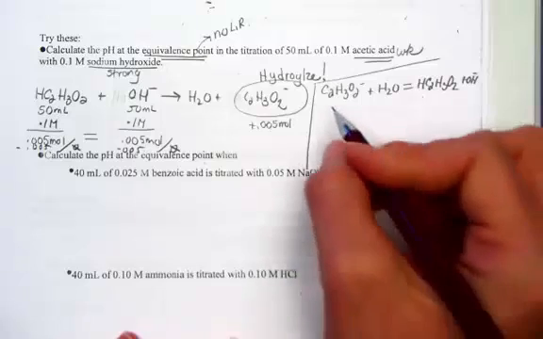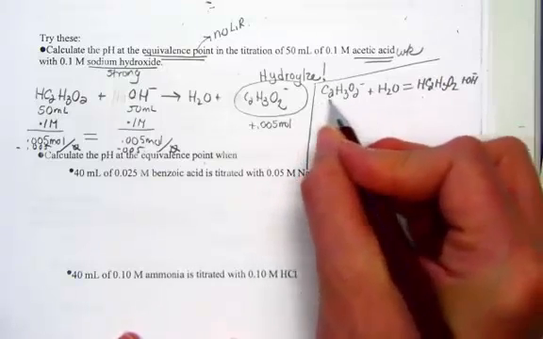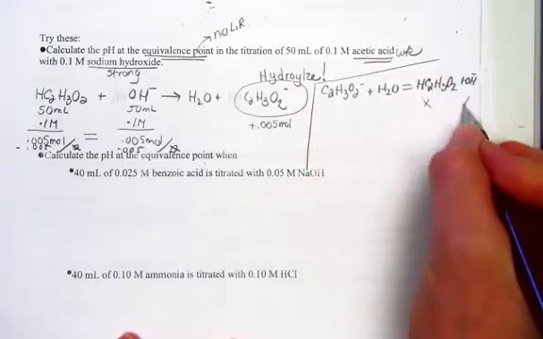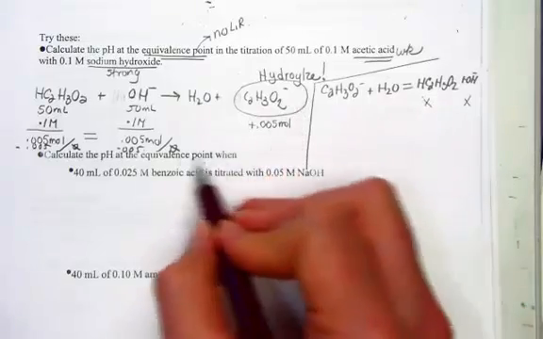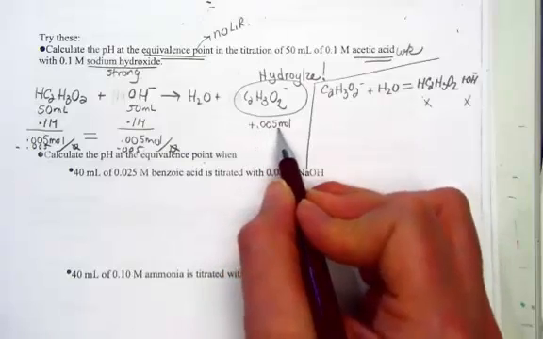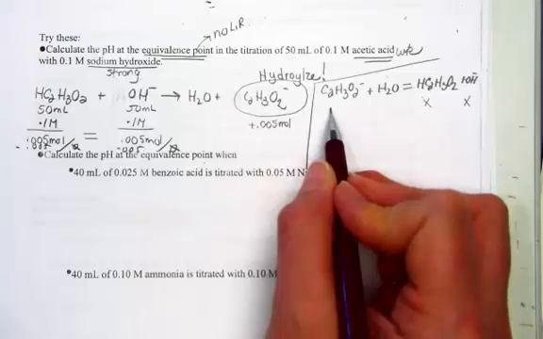When I think about what we need, an initial concentration of the acetate, knowing that we can call acetic acid X and the hydroxide X. What I know from over here in the titration equation is that we produced 0.005 moles of acetate. But I need that to be in a molarity unit to carry over for a Kb problem.